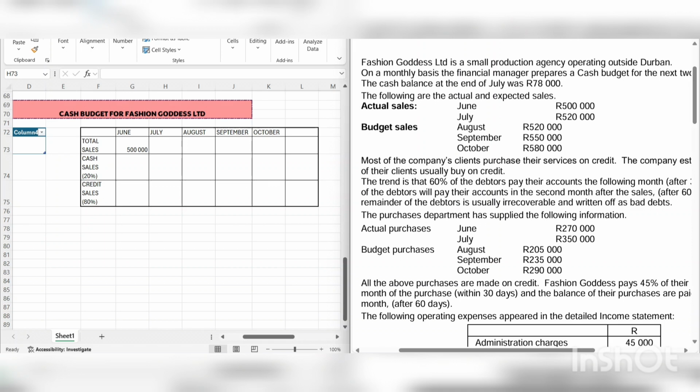Now if I'm going back up, the first thing to do is to enter the total sales for the months. They are your total sales right here. So let's enter that.